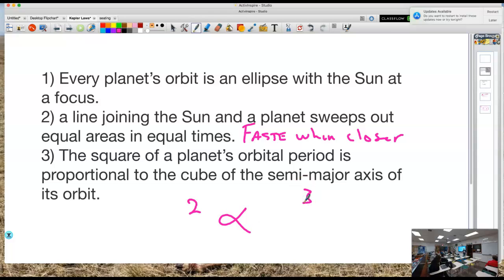So the square of the what? The period. What's the period? So what's the Earth's orbital period around the Sun? There you go. 365 days. And that squared is going to be proportional to the cube of the semi-major axis of its orbit.